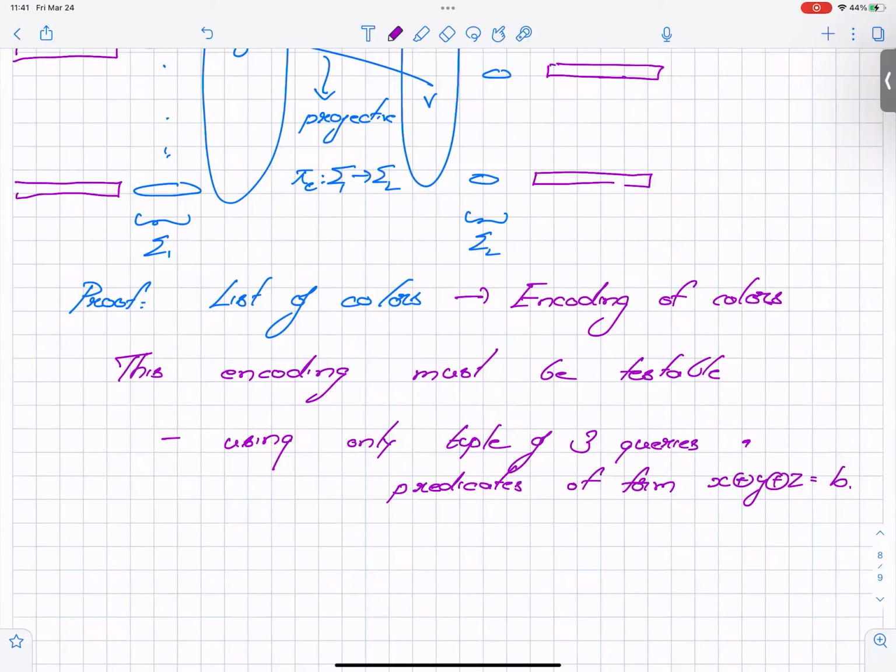So far we never talked about how to constrain the predicate. We are allowed an arbitrary predicate, but now I further say you are allowed to query 3 and do this.